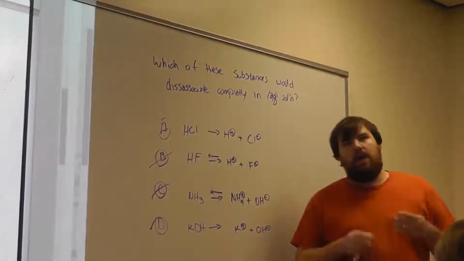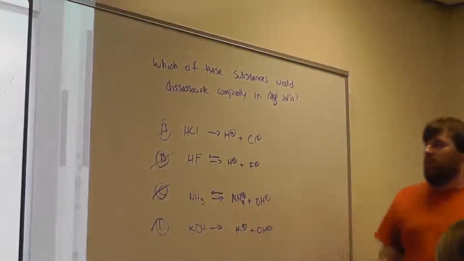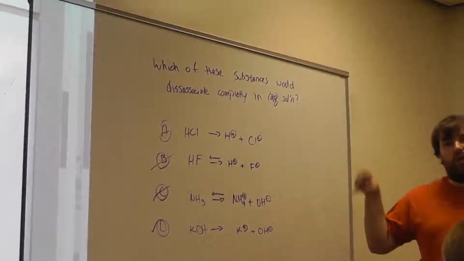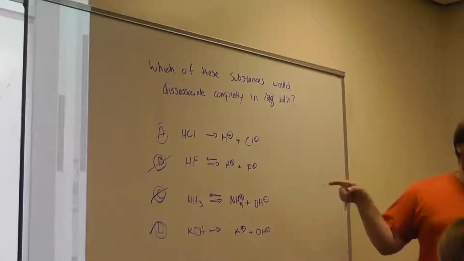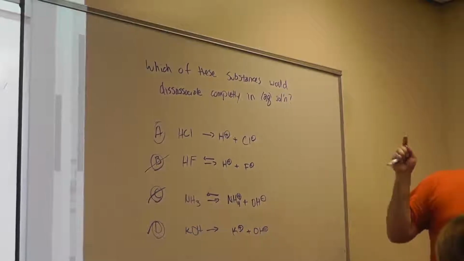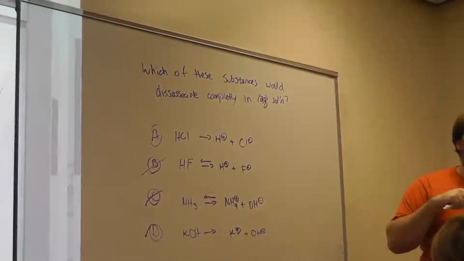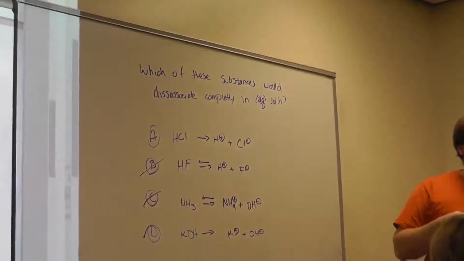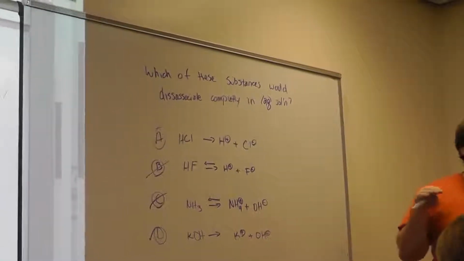And here's why. What you're using to break all of this stuff apart, whatever you're dissolving it in, is water. Water has inherently partial charges, right? The strongest thing it has is hydrogen bonding. Does that make sense? It doesn't have any ionic bonding.